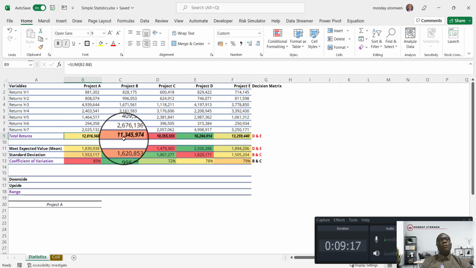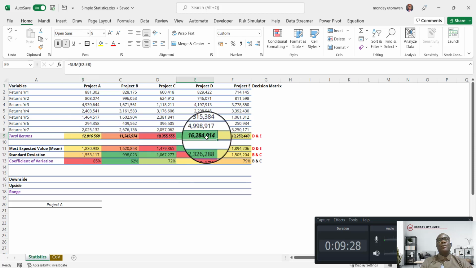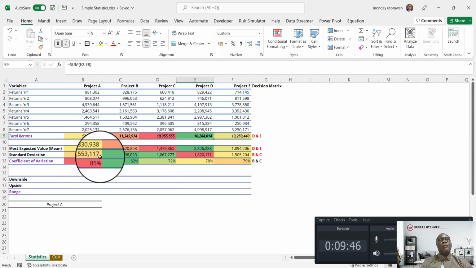Okay, if you're just going to make your strategic decision based on the total return for the 7 years, you might end up choosing a project that is subject to very high volatility, in which the expected return may fall short significantly, or there may be a significant deviation from the expected return. So that's what the standard deviation tells us about the deviation from the expected return. Okay, and just looking at the expected value or the average is not sufficient.